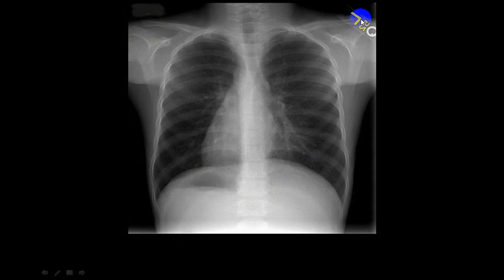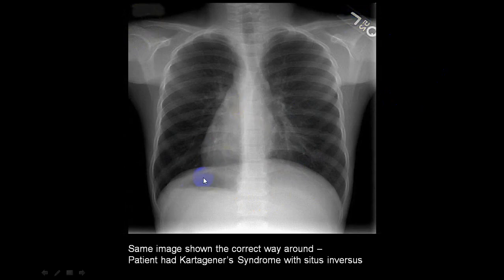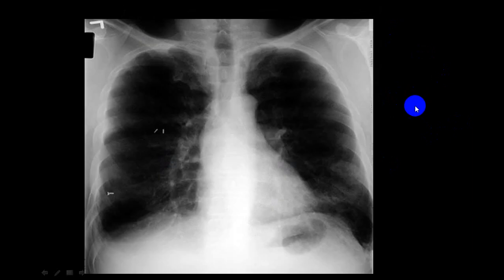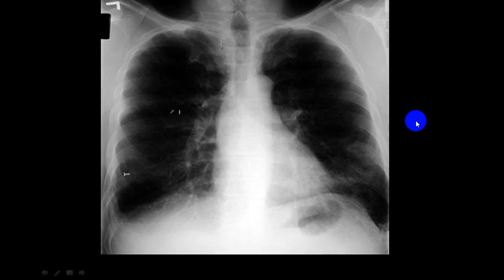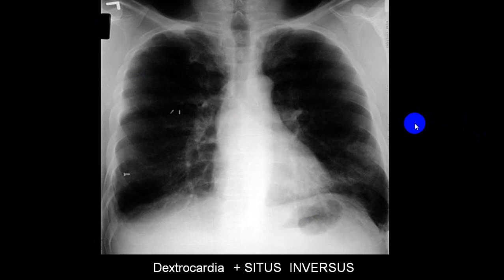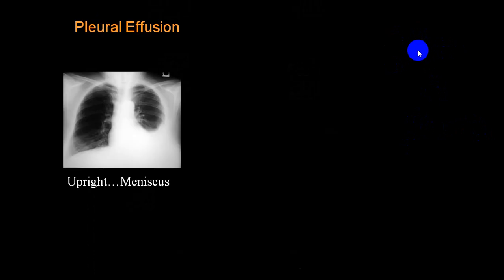Now you see this is the left side, so this is dextrocardia with situs inversus, clearly. Clear. This is the right side. This is the left side. Marking is there. If marking is not there, it will be difficult to identify.